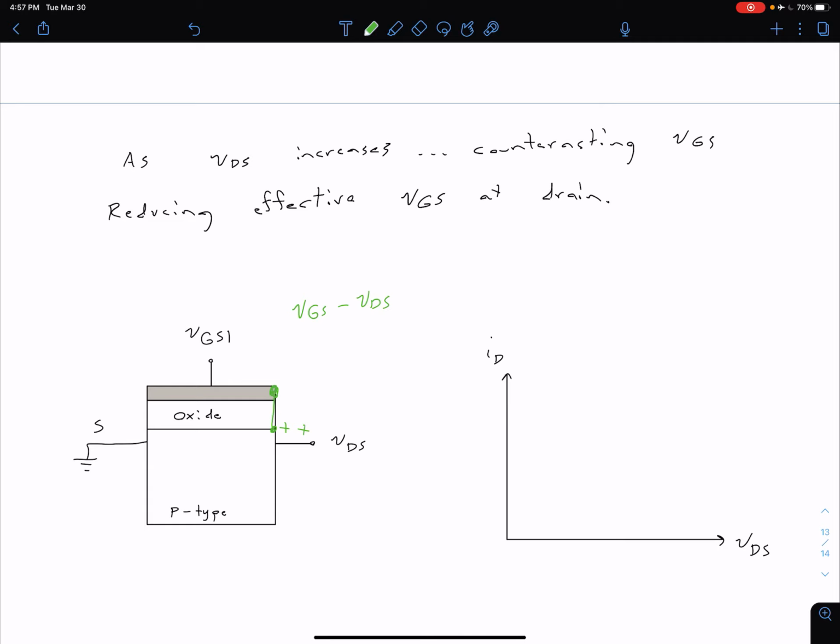We have to overcome any voltage applied to that drain. So the net effect is that VDS reduces our effective gate voltage at the drain.